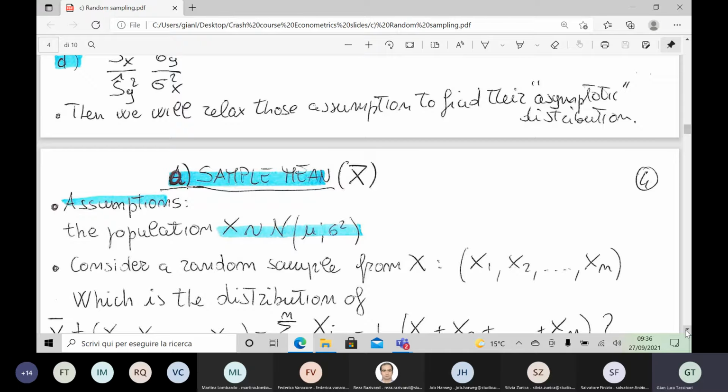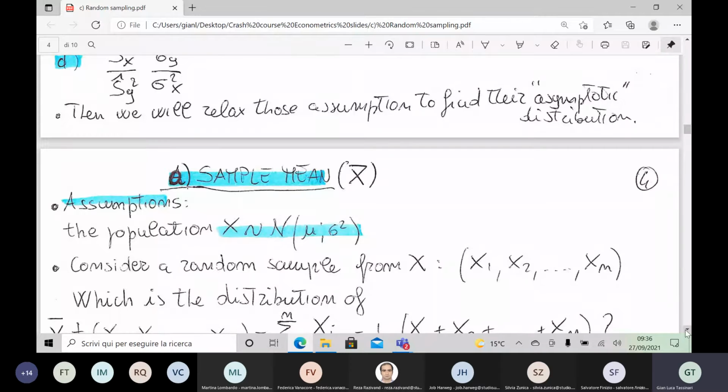And I told you that every function of a random sample is a random variable. This is the concept you have to remember. A random sample is a vector of n independent and identically distributed random variables with the same distribution of the population, and every function of a random sample is a random variable itself, so it will have its own distribution, its own moments.